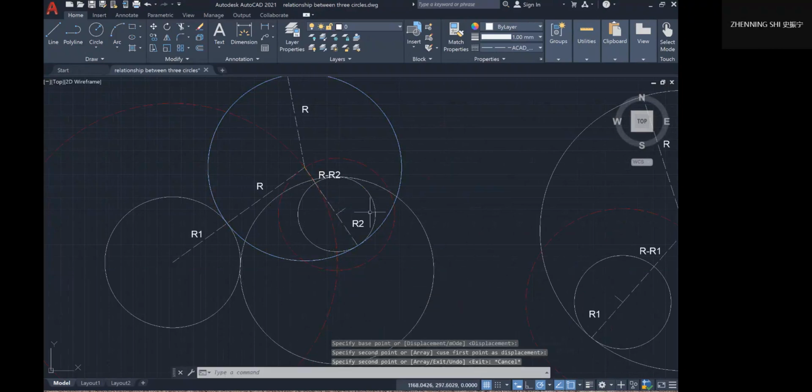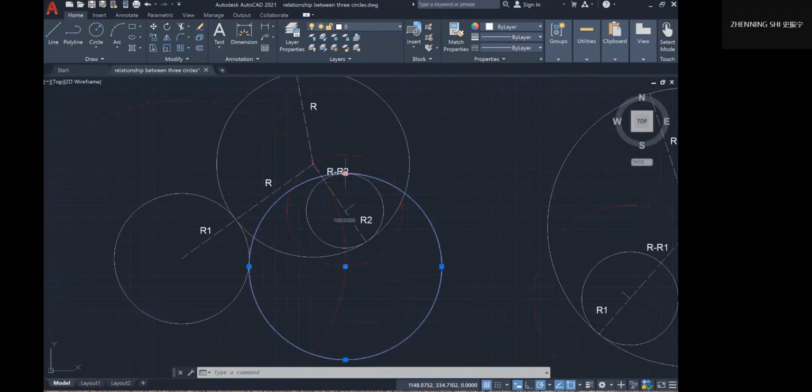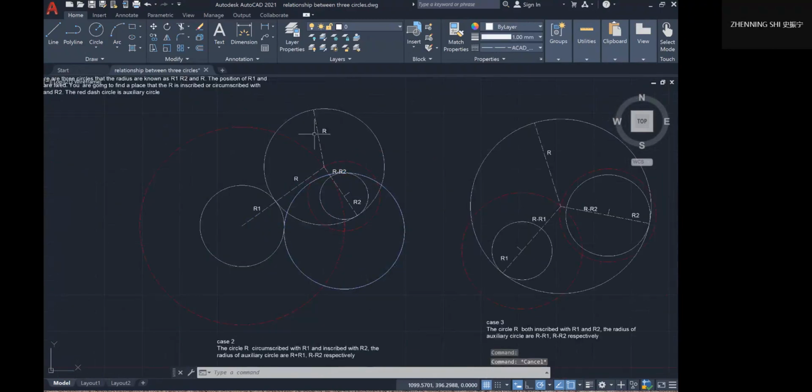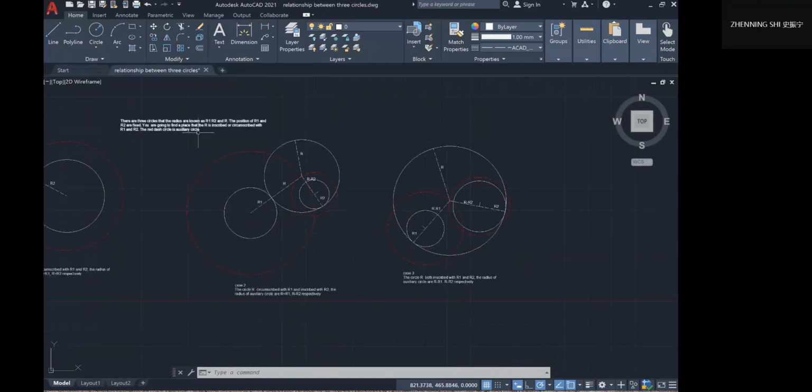You can see this circle circumscribed with R1 and inscribed with R2 at this point. So it depends on which shape you want, and then delete another one. That is the second case.